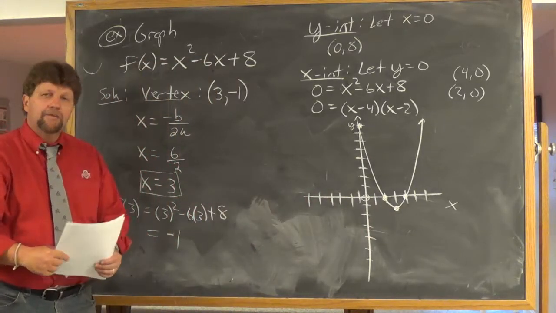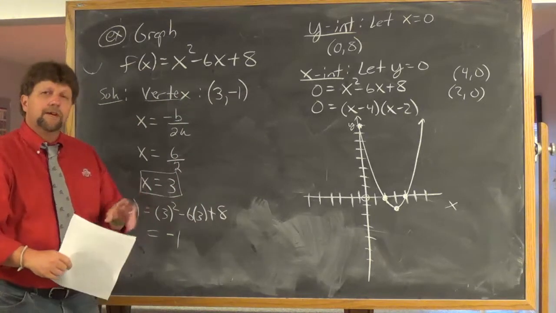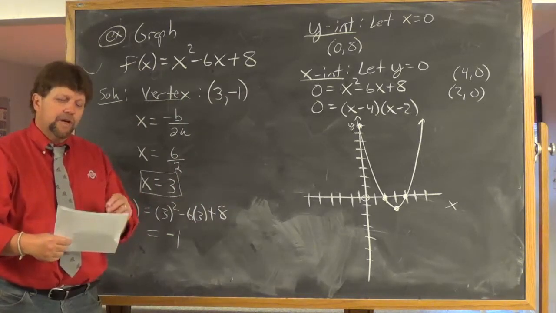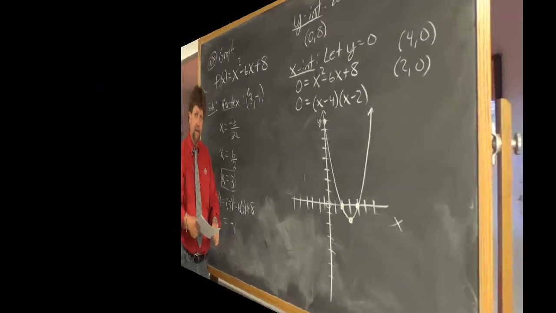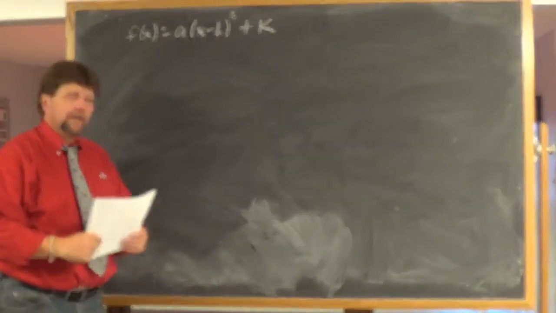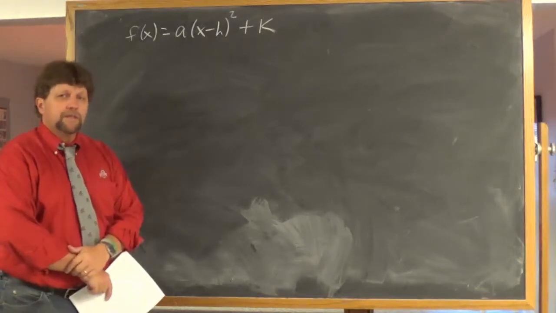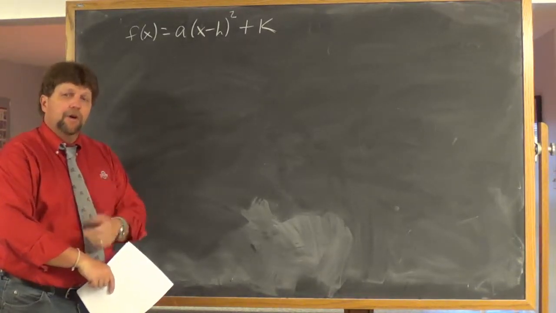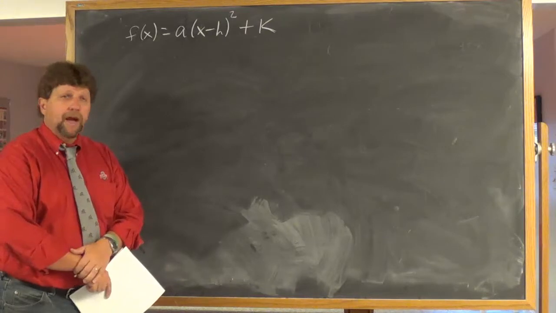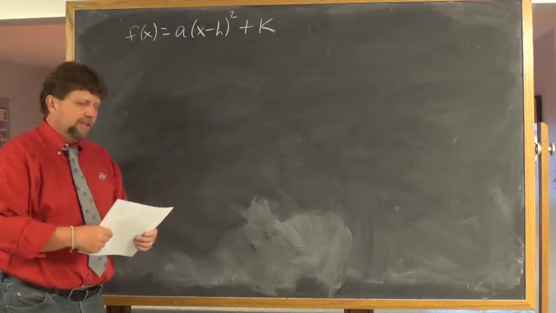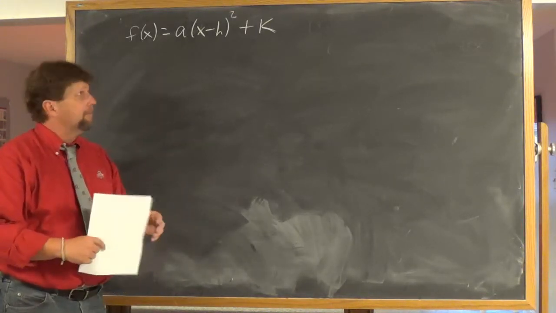So that's how you would graph a parabola that's of the form ax squared plus bx plus c. Early in the chapter on graphing parabolas, the book will also show you this as the general form for a quadratic, for the graph of a parabola. In fact, I think your book calls this the standard form.